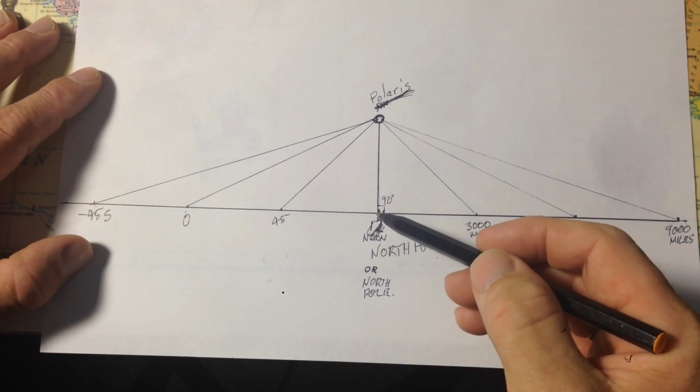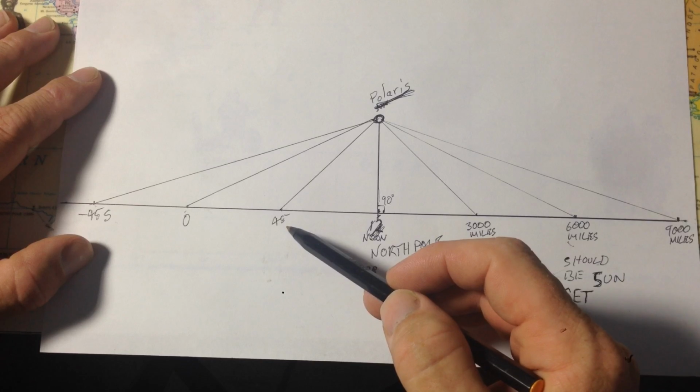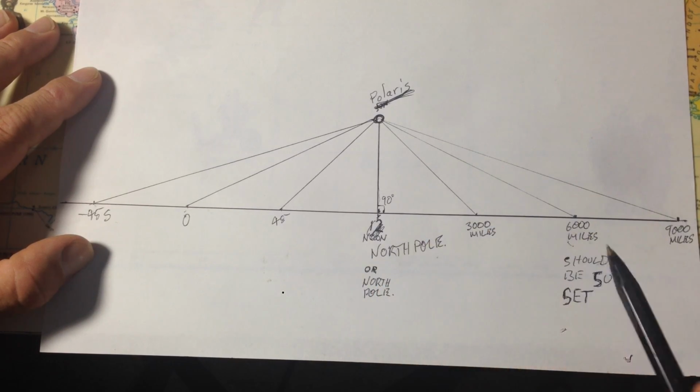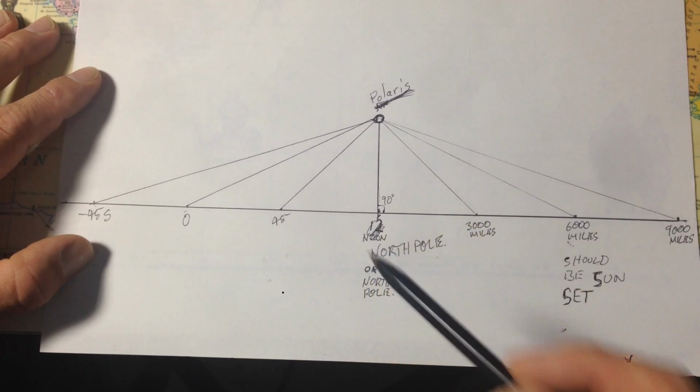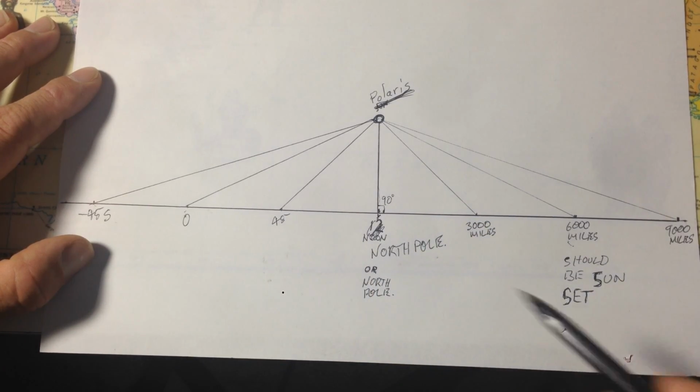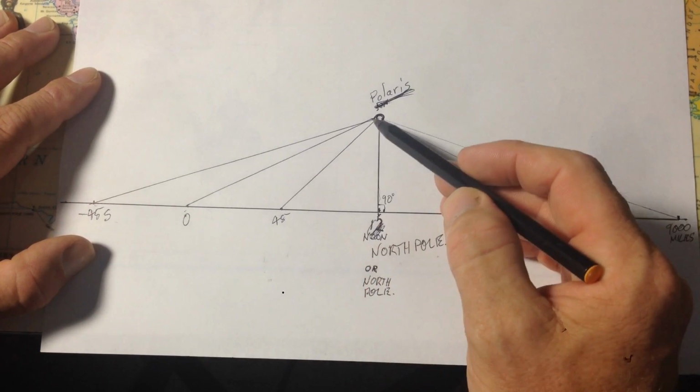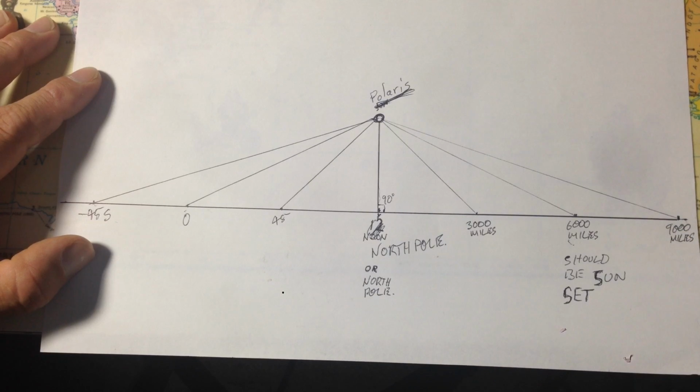Now we head out from the North Pole to a latitude of 45 degrees, and we look for Polaris, and it appears at a 45-degree angle. Okay, that's all good.